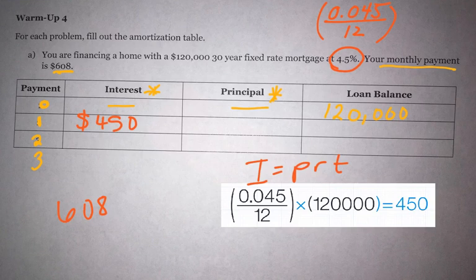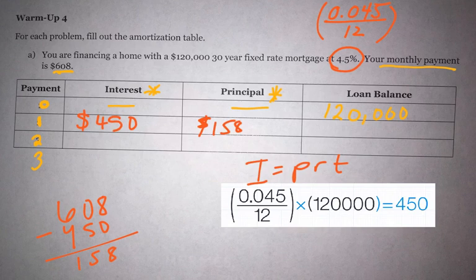Our principal, or the amount that gets applied to the principal paid, is what's left over when I subtract that from my monthly payment. So I take $608 and I subtract $450 and I end up with $158. So that first payment that I make goes majority towards interest and a little bit towards the principal. I'm also going to make sure I label these top columns.